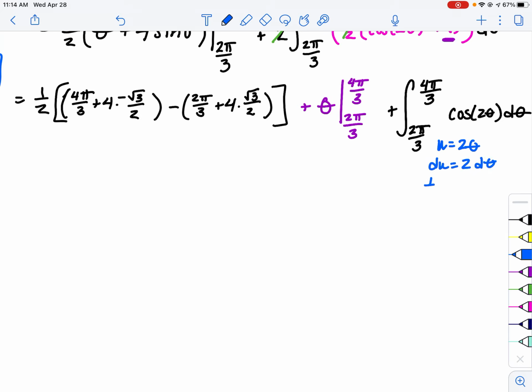So du is 2 times d theta. So I want to use a 1/2 du here to replace my d theta. Okay, so I'm going to have 1/2. Let's see what this is going to be. So this is 4 pi over 3 minus 2 root 3 minus 2 pi over 3 minus 2 root 3.